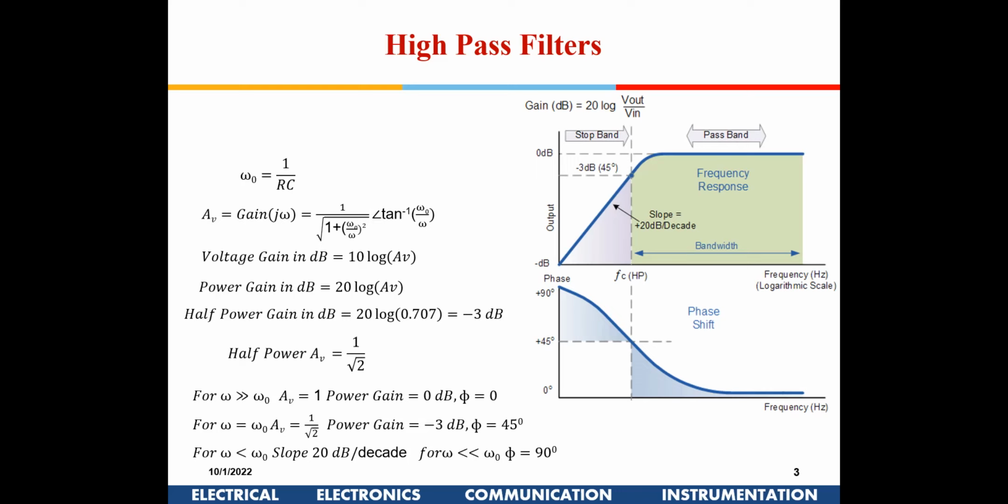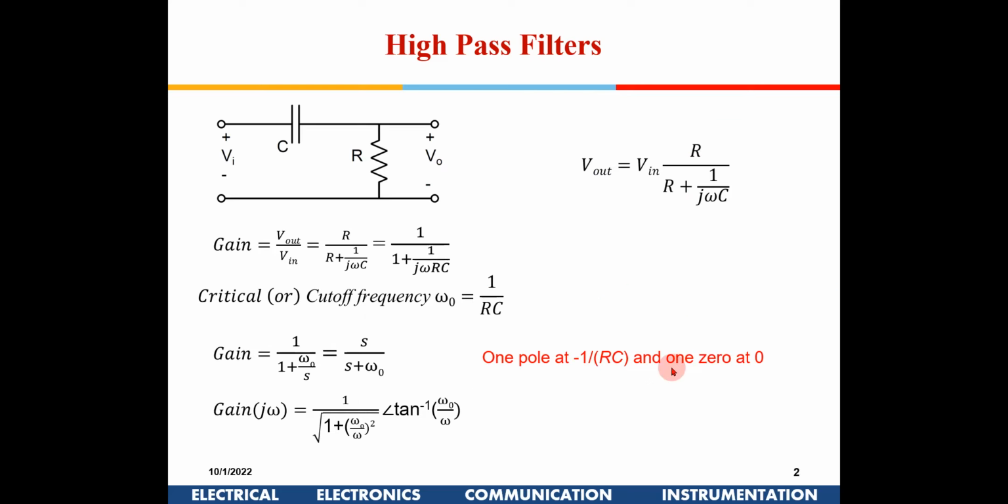Sir, when we are calculating magnitude, can you go to the previous slide? Yes. So here j is there. When we take the magnitude of j, will it not be minus 1? If that is squared, right? No, after square it will become minus 1.